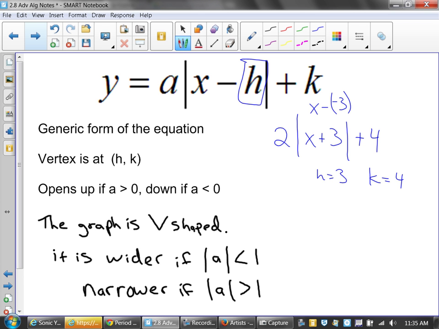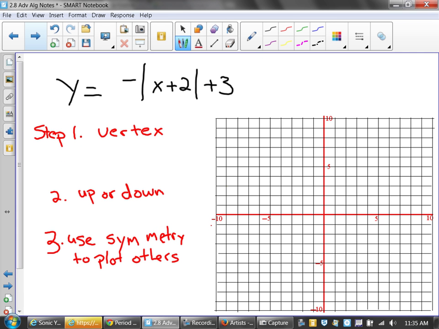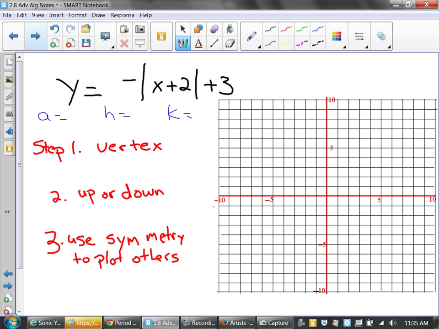Now, the easiest thing to do with these types of problems is just to jump right in and do a couple examples. And like I said, there are some real easy steps that I do. When I do these types of problems, especially for the first few of them, I like to make sure that I label out what my a, h, and k is to start with.